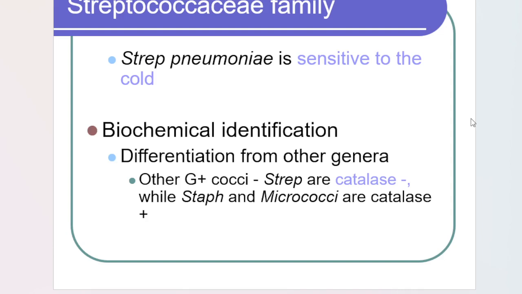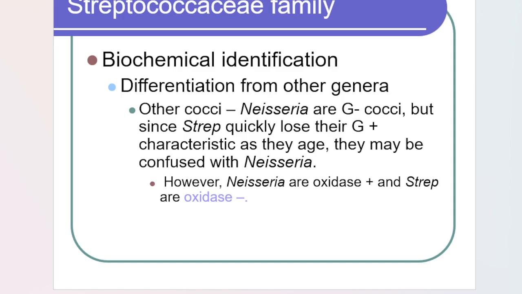Okay, so for biochemical identification, again, strep are catalase negative, while staph and micrococci are catalase positive. So for biochemical identification, di ba I mentioned to you that the gram-positive cocci, streptococci, may become gram-negative if you stain old cultures.